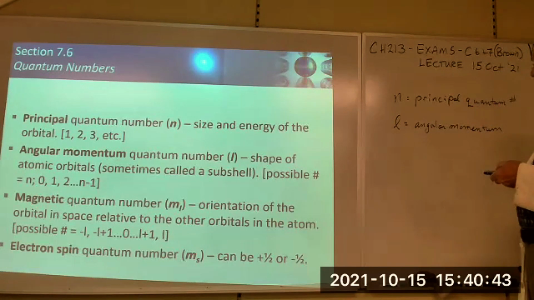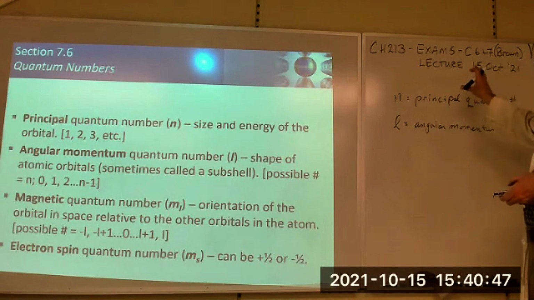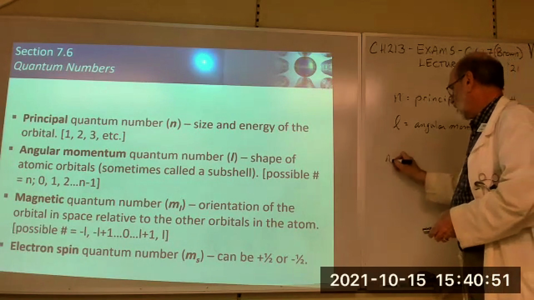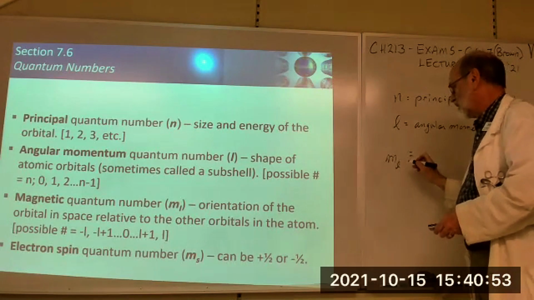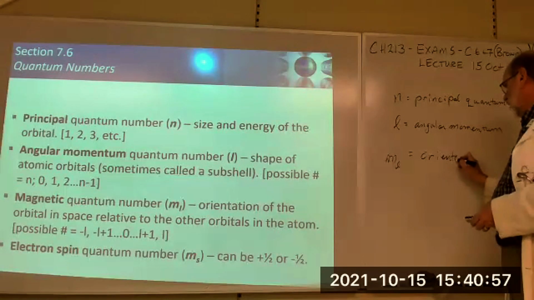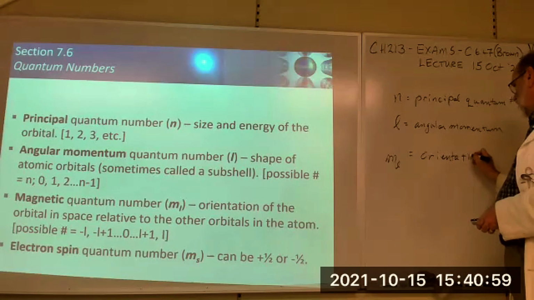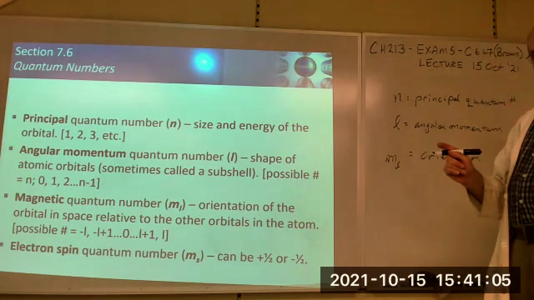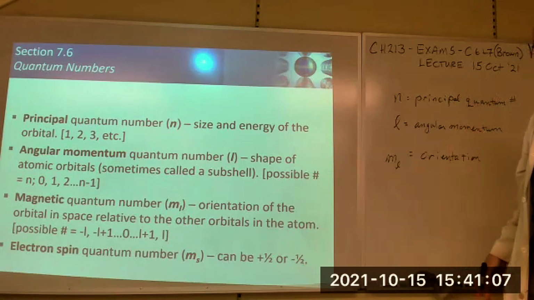I'm going to tell you how the numbers work on this in just a minute. Then there's the magnetic quantum number, m sub L, which describes the orientation of the orbital in 3-dimensional space. Say it's a dumbbell: is it pointing this way, or that way, or this way?